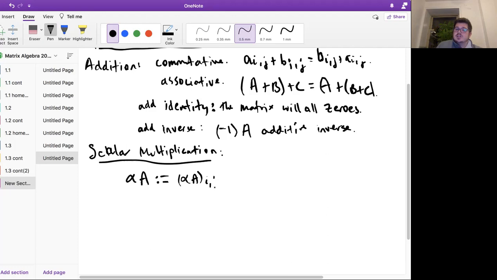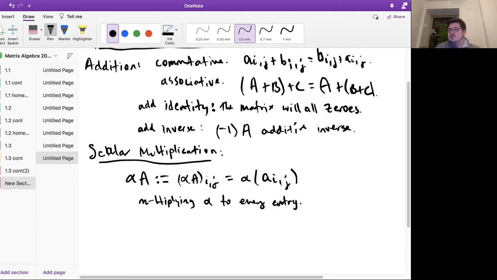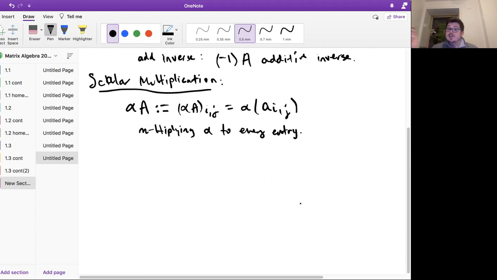Whatever the ijth entry is, all it is is alpha times the ijth entry of the original matrix. So essentially what you're doing is multiplying alpha to every entry. So we've done this one a couple times. Now let's get to the big one, matrix multiplication.